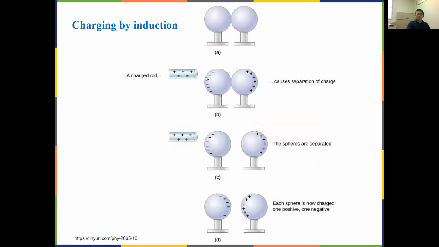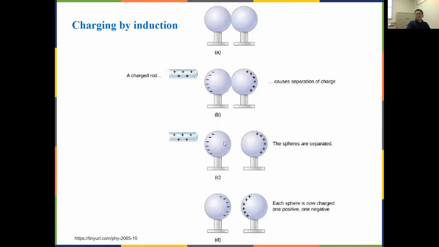This side becomes more negatively charged, basically the electrons going towards that side, leaving the positive charges on the other side. Once you have charges created on the two sides, you separate the two spheres, keeping the rod still in close vicinity.